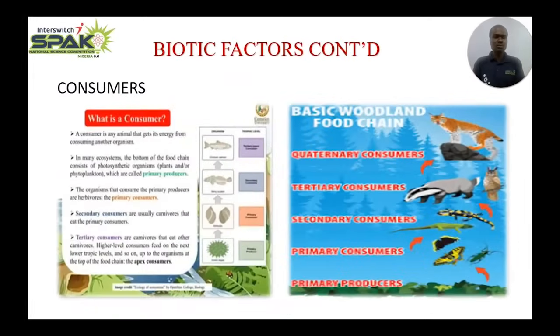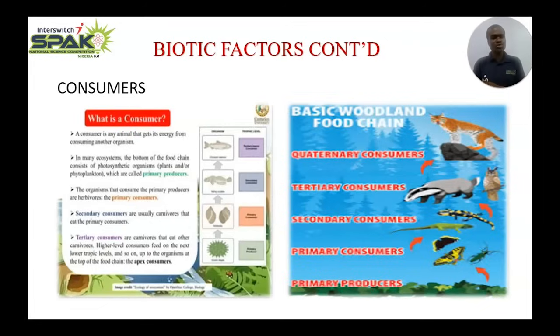Now, a consumer is any animal that gets its energy from consuming another organism. Like I said, they feed on food already made in the environment. The organisms that consume the producers, the primary consumers, are herbivores. Those that feed on the primary consumer, we call them secondary consumers.